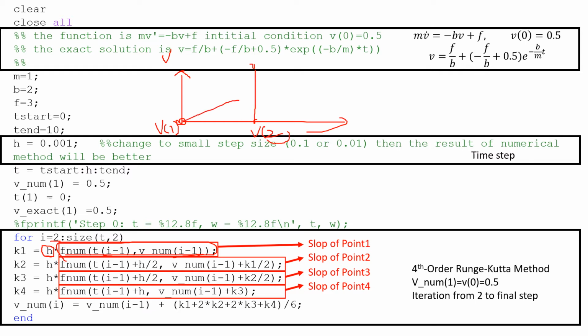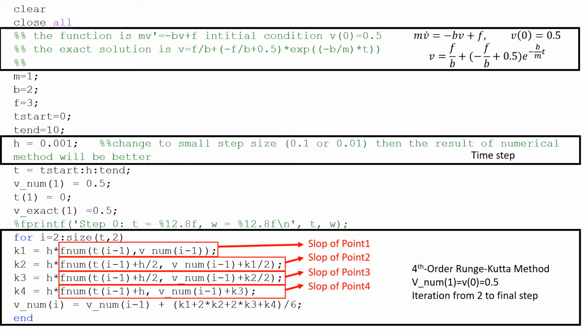Now that I have a slope here, this slope is the F, and when I multiply by H, this is H, H multiplied by the slope, we get this one. We call it K1. It is the increment in the velocity if the time interval is H.